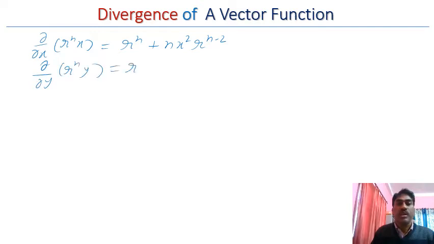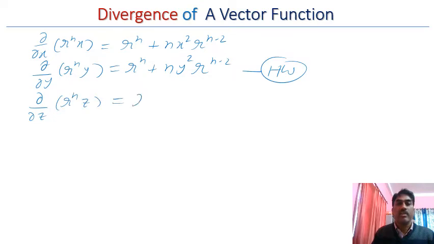So it will be r^n plus n y squared r^(n-2). This is homework for you to calculate. And del by del z of r^n z you will get is r^n plus n z squared r^(n-2). This is again homework for you to calculate.